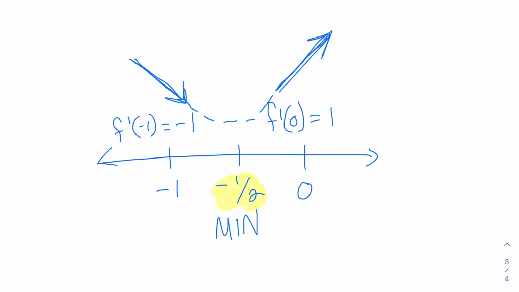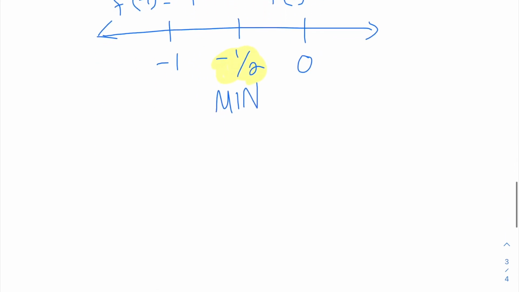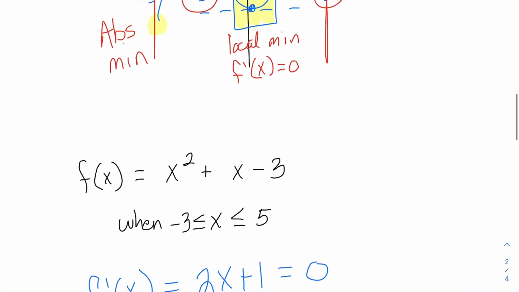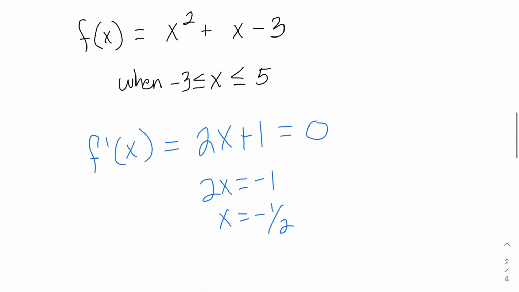Is it the absolute minimum of this function across this interval? Well, let's check. And in order to check, we would have to test the value of your critical point, certainly, but also your endpoints. Remember, our function was across this interval from negative 3 to positive 5.